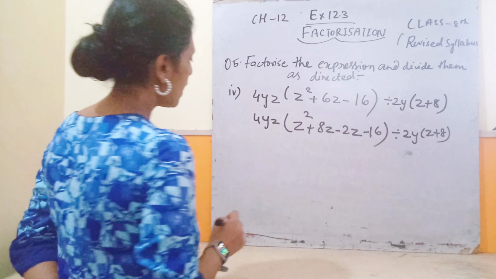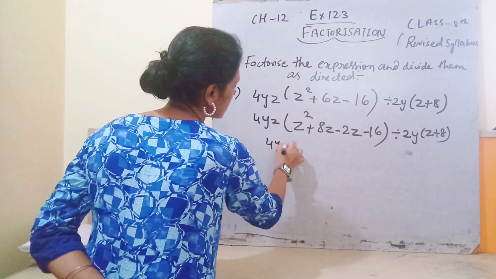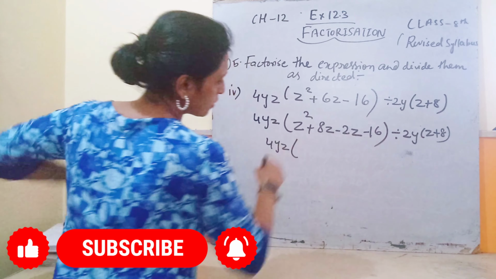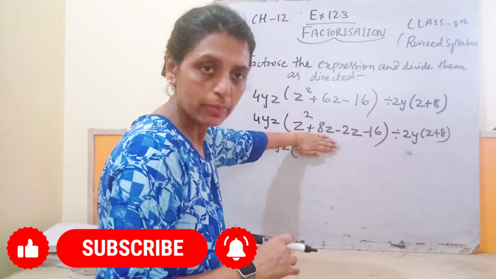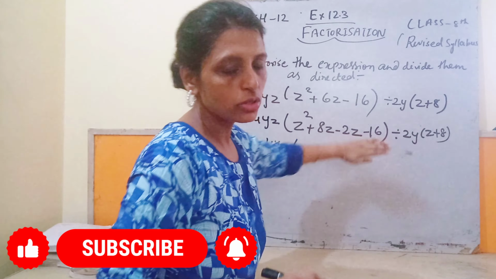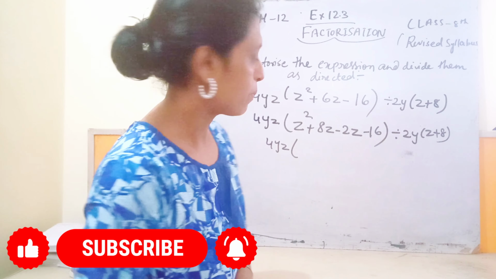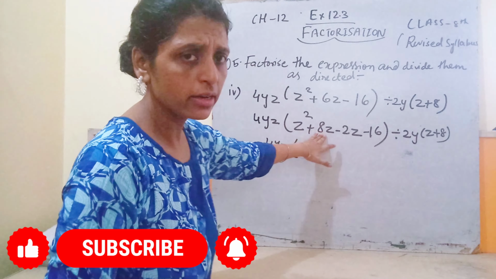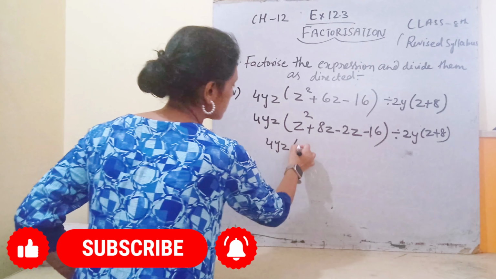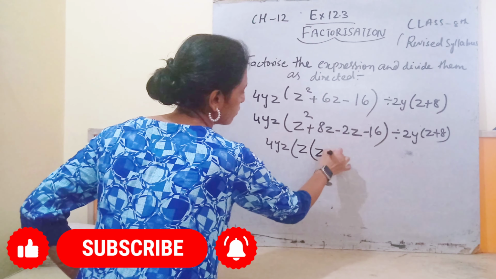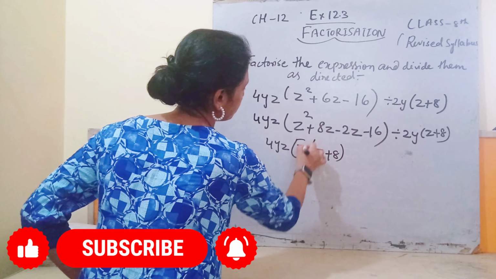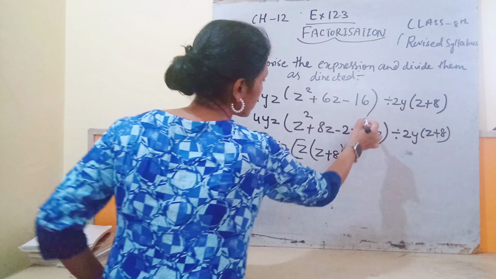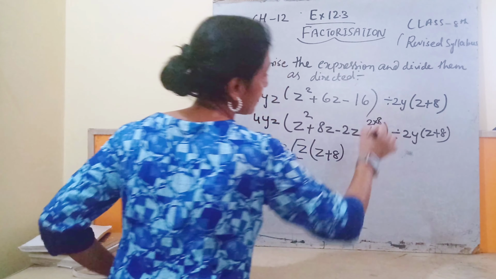Now 4yz, here we have got 4 terms. These 2 will make one pair, and these 2 terms we will make one pair. Children, you can see that here z square is there and here 1z is there, so at least 1z can be taken as common and we are left with z plus 8. Similarly, here 16 can be written as 2 into 8.